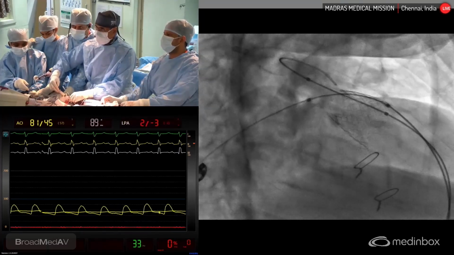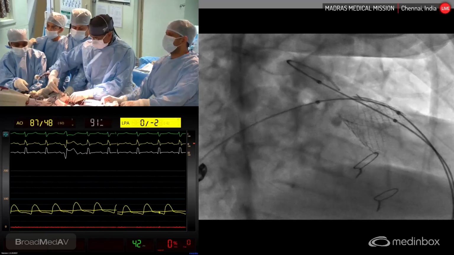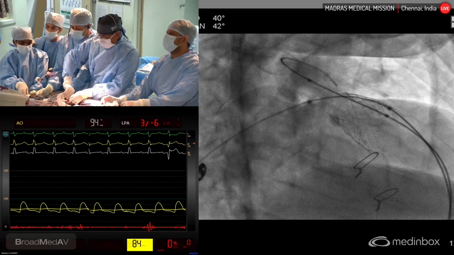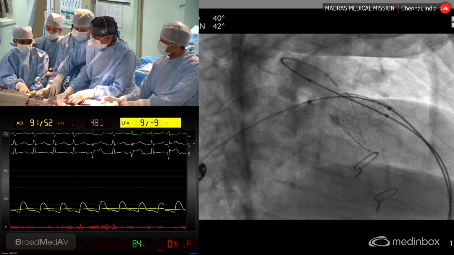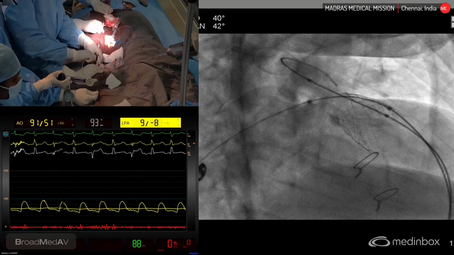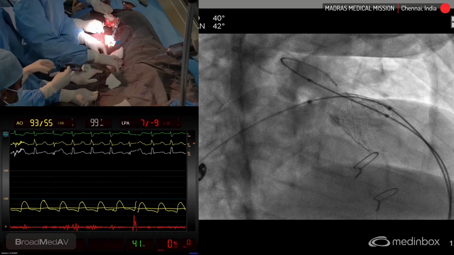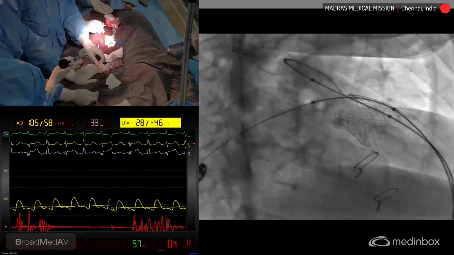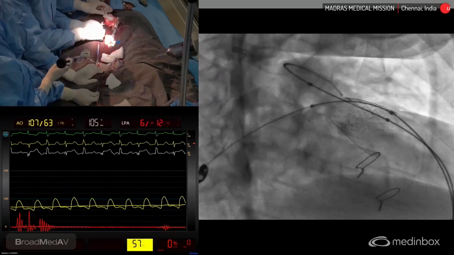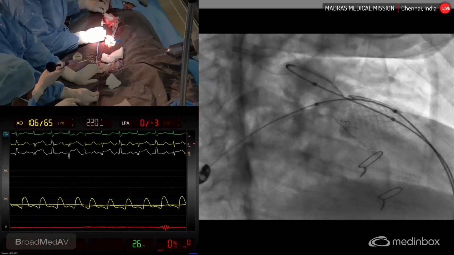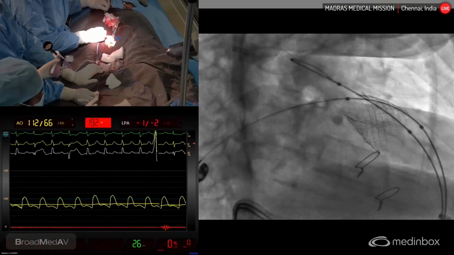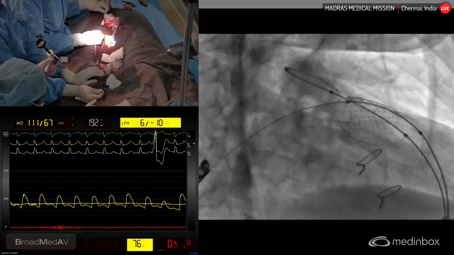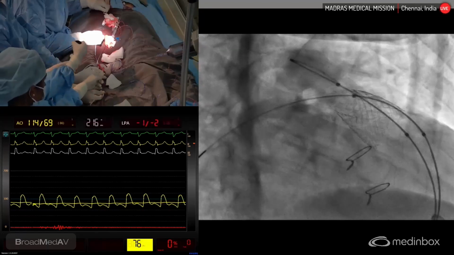So now the balloons are deflated. That's an empty indiflator. Okay. Give a full negative. Empty that also. Come to AP.